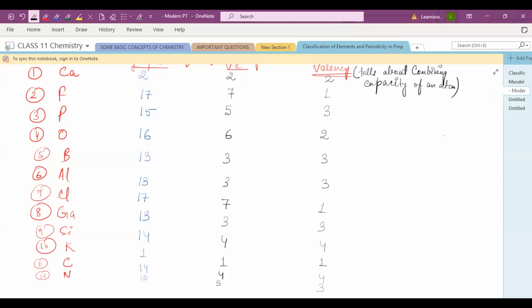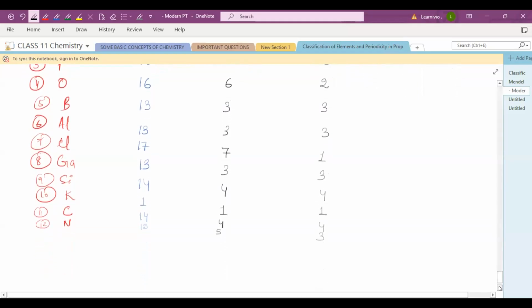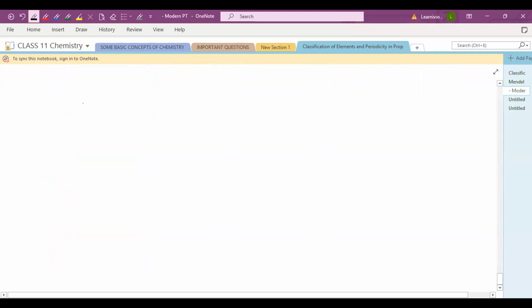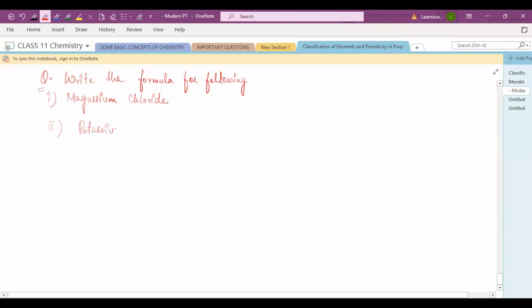Okay, now let's check if the word valency came. Let's check whether you know how to write the formula for the following. Write the formula for the following. First one is magnesium chloride. Second, potassium iodide. Third is aluminium oxide.